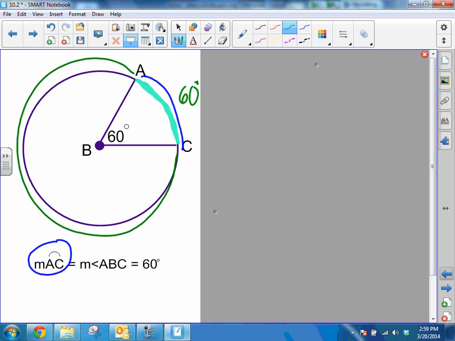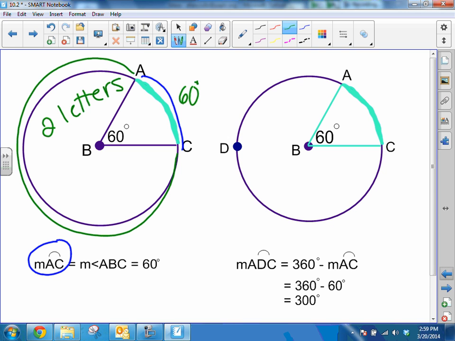So let's jot down for a minor arc, you need 2 letters. Minor arc, 2 letters. Okay? What would I need then for the major arc? I would have to have a minimum of 3. So it'd be like this.